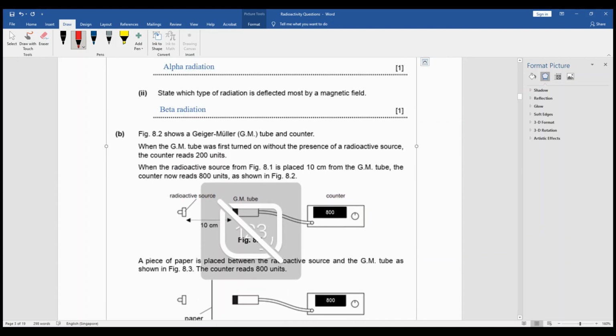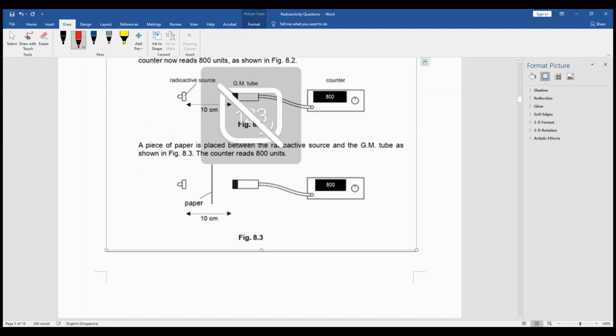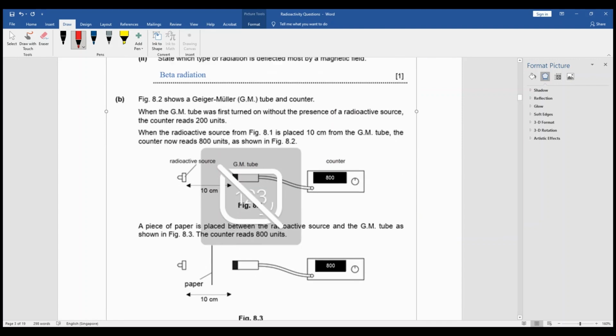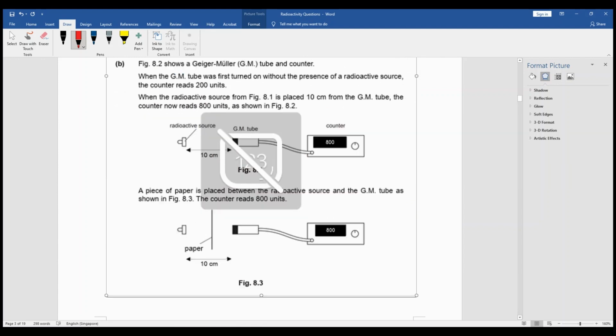Okay, sorry about this. Basically, what it's saying here is 10 cm away without radioactive source is reading 200. When the source is being placed 10 cm from the GM tube, it is reading 800. And if a paper is placed between them, it is now reading 800 units, which means to say the paper is not able to block anything at all.